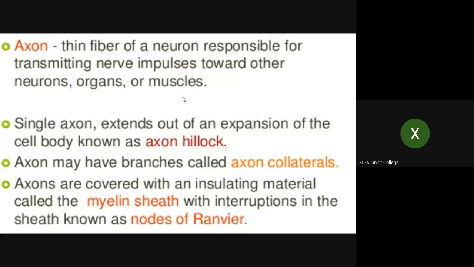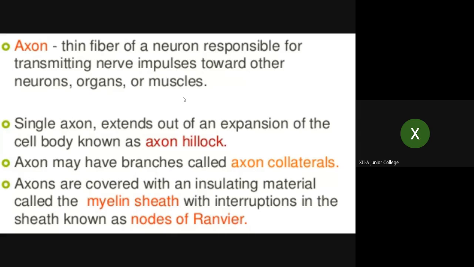neurons, organs, or muscles. A single axon extends out of an expansion of the cell body known as the axon hillock. Just now I was telling you what that axon hillock is. When the axon starts its extension and gets a little bit expanded, that expanded portion of the axon very near to the extension where it starts is called the axon hillock.